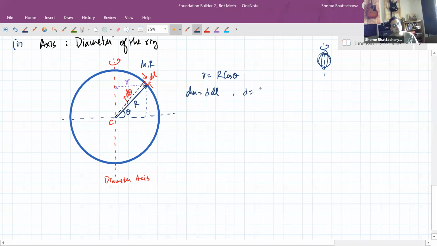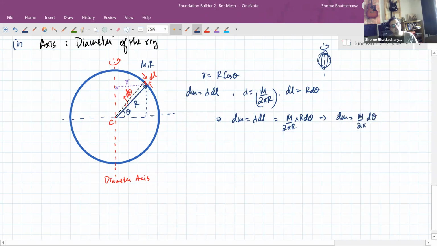Now lambda here will be m upon 2 pi r, total mass upon circumference, and dl will be how much? It will be r d theta. So further, dm, which is lambda dl, will be written as m upon 2 pi r into r d theta, or dm can be substituted as m by 2 pi into d theta.